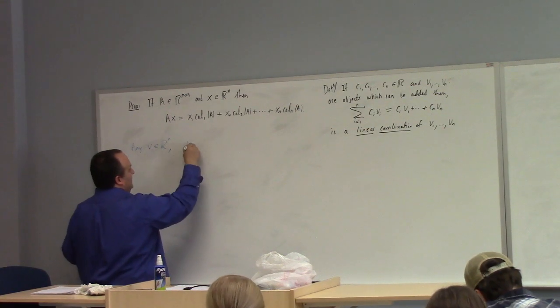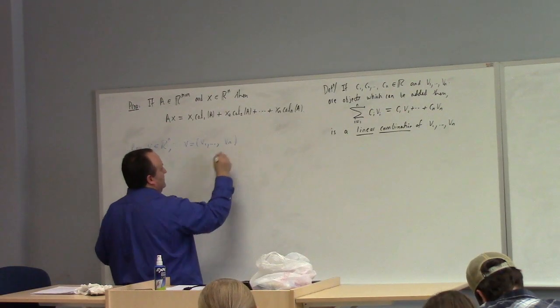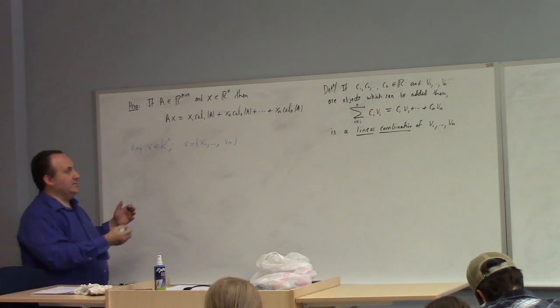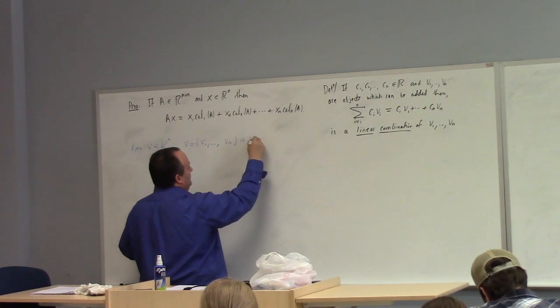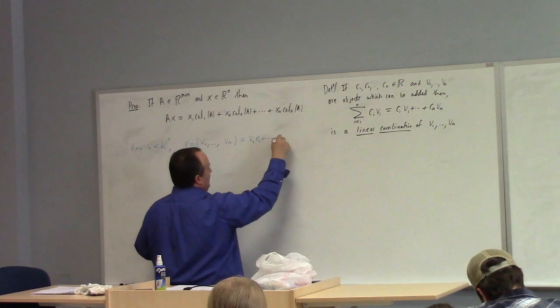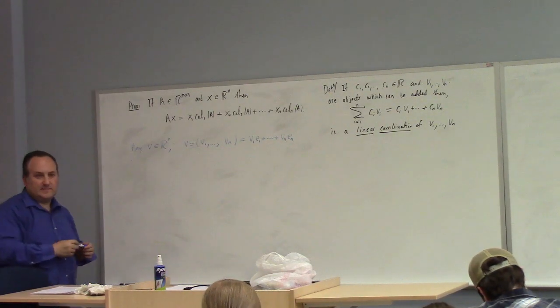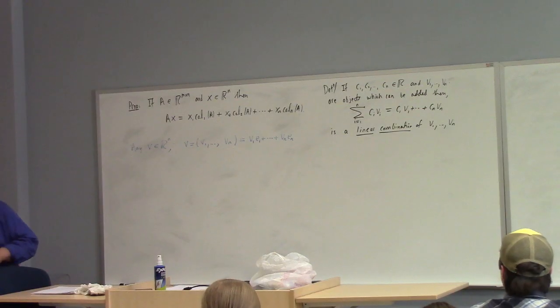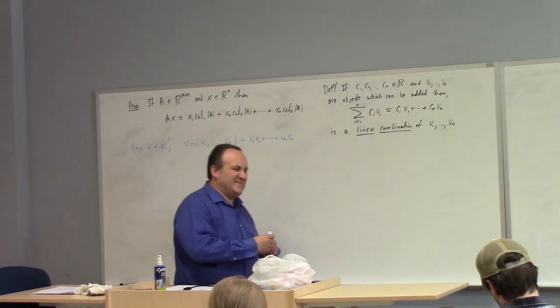We can say v is v1 all the way out through vn, right? Or we can write it as v1 e1 plus plus vn en, where those are the standard basis. So any vector can be written as a linear combination.